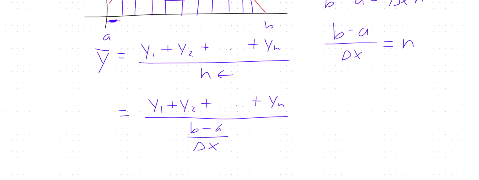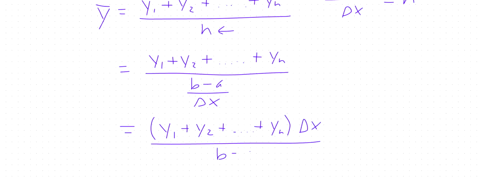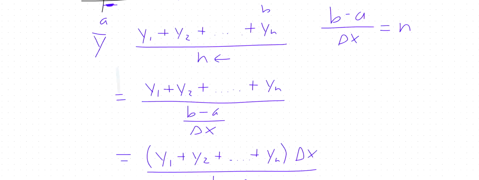Now, dividing fractions, we can change this and multiply by delta x there. Of course, this is just an estimate, and even back here I should not have said equal to. We should have said approximately.